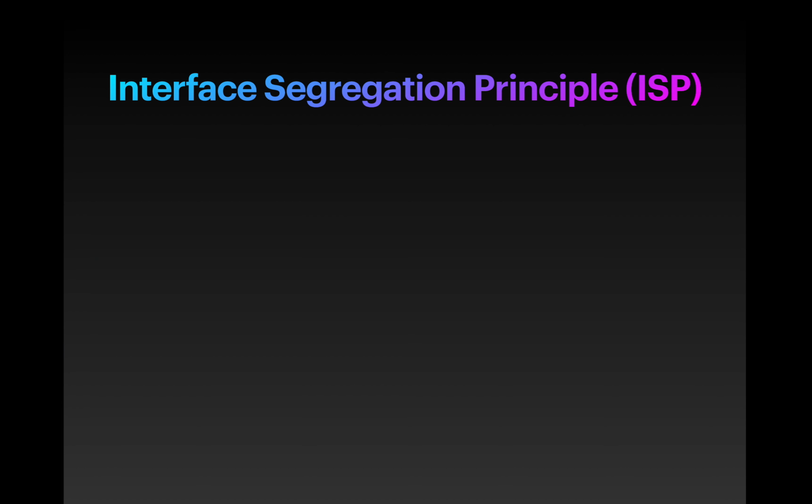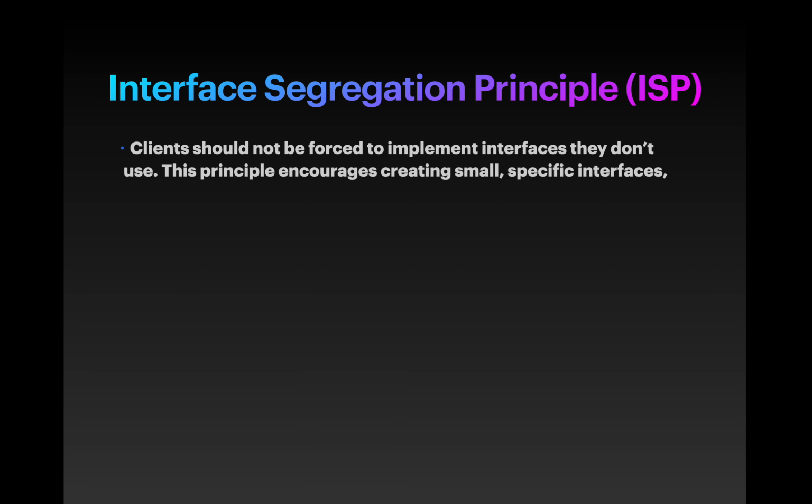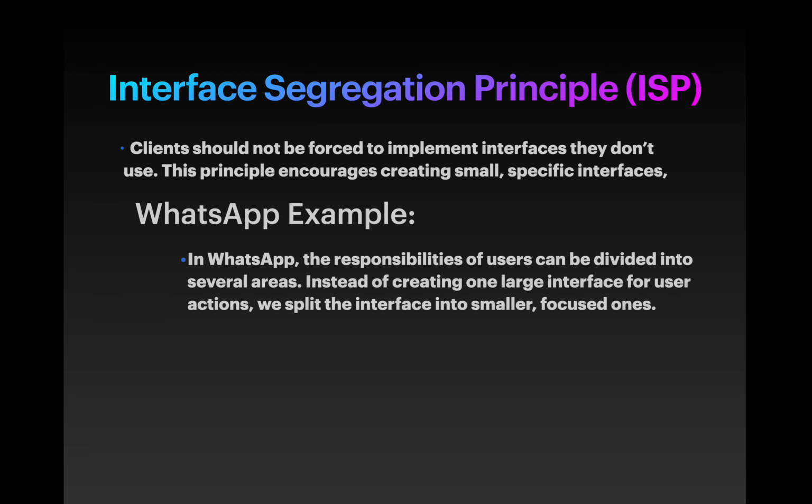So next we have the interface segregation principle. This principle says that the client should not be forced to implement interfaces they won't use. The principle encourages creating small, specific interfaces. Let's suppose the same WhatsApp example. In WhatsApp, the responsibility of the user can be divided into several parts.